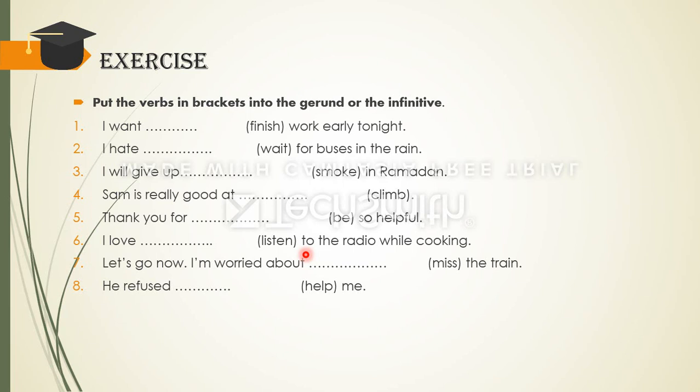Now I would like to leave you with an exercise so as to practice what you have just seen. Put the verbs in brackets into the gerund or infinitive. The infinitive means either the infinitive with to or the infinitive without to. Here: I want, finish, work early tonight. I hate, and we have the verb wait, for buses in the rain. I will give up, and then we have the verb smoke, in Ramadan.